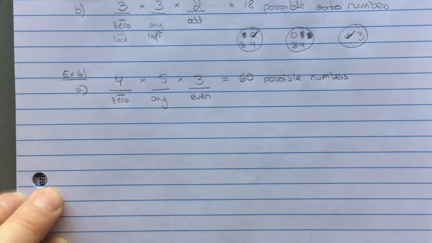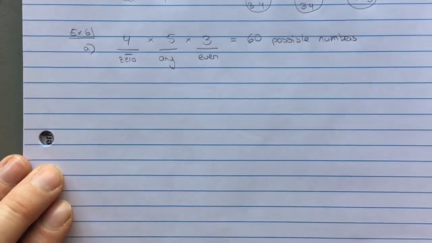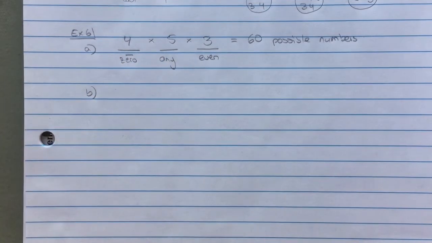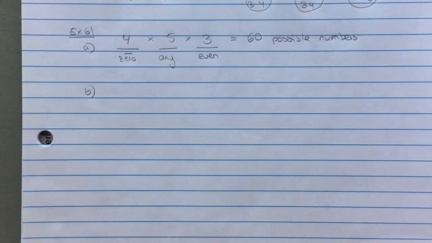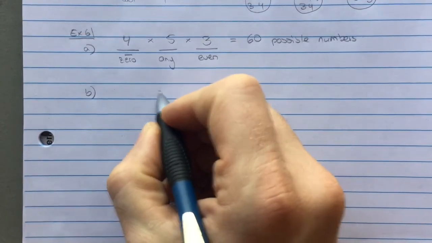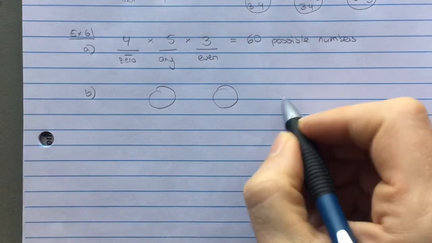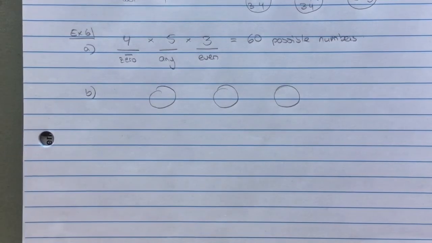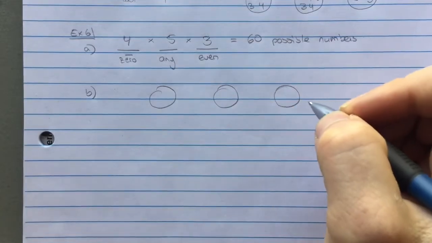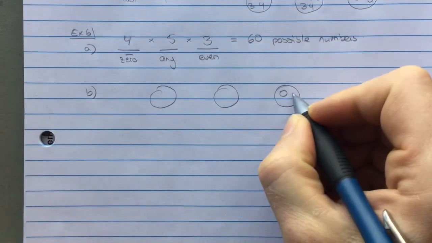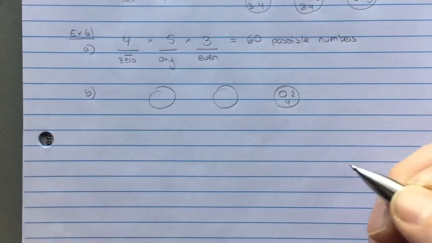And so here's where we get to the second part of this question, where you have no repetitions allowed. So to get us started, I will just draw our 3 different spinners here for our 3 different events, the 3 different digits. And now we'll put in the numbers that you can choose. So for the last digit, you can either choose a 0, a 2, or a 4, because it needs to be even.